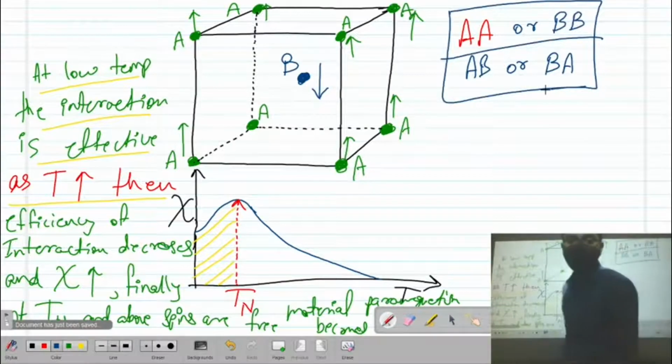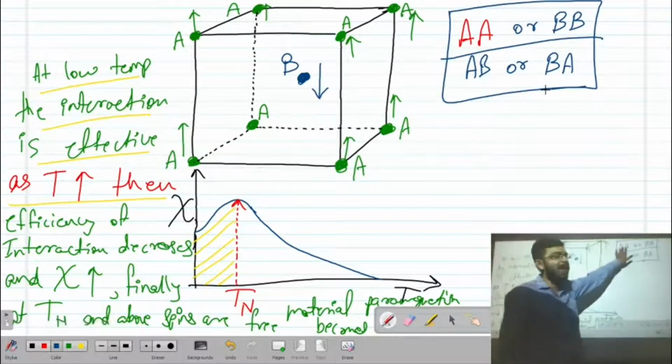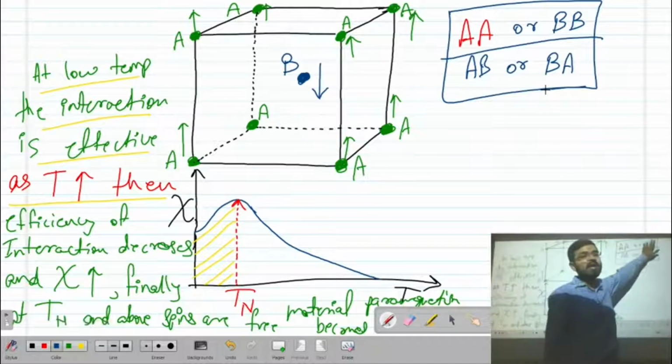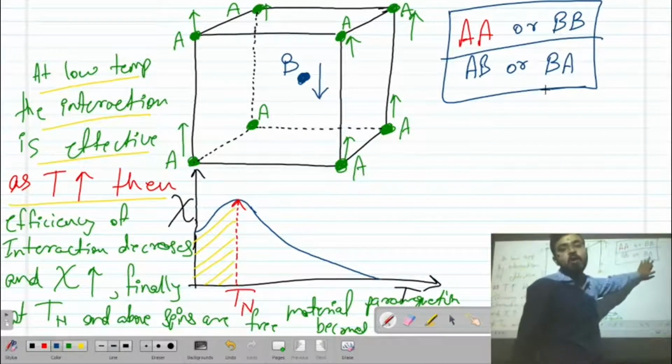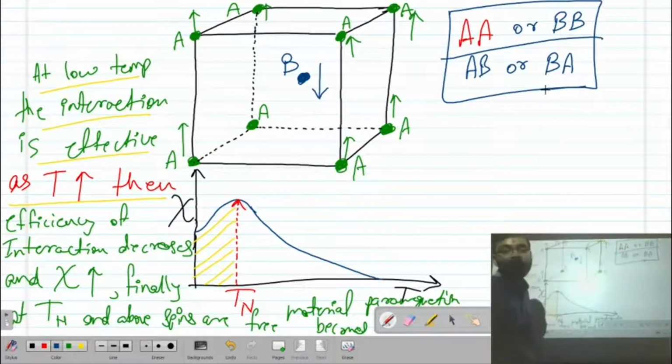You will either have A and A, B and B, or AB or BA. That is nothing but the interaction between two magnetic dipoles. As the temperature is low, the interaction is very effective, and you can see that it is having antiferromagnetism.